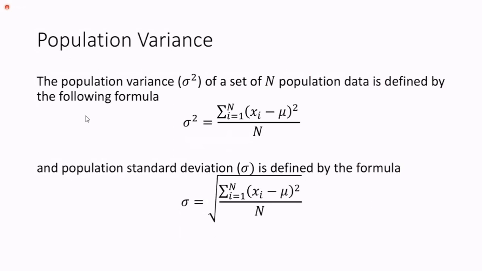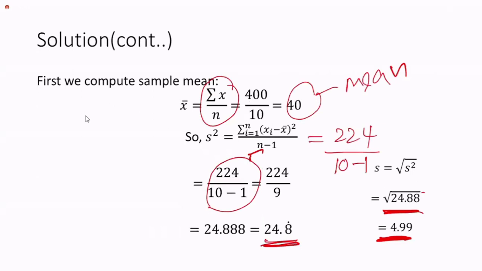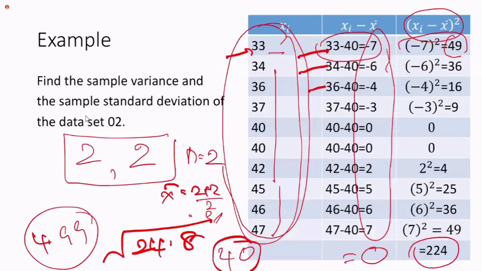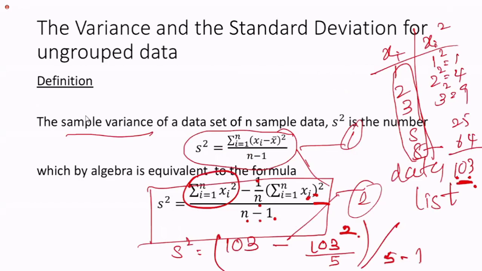What is the difference between those two formulae, the formula used in sample variance and population variance? Previously, the equation had x minus x bar. Now x bar is what? Sample mean. And here we have n, the sample size.